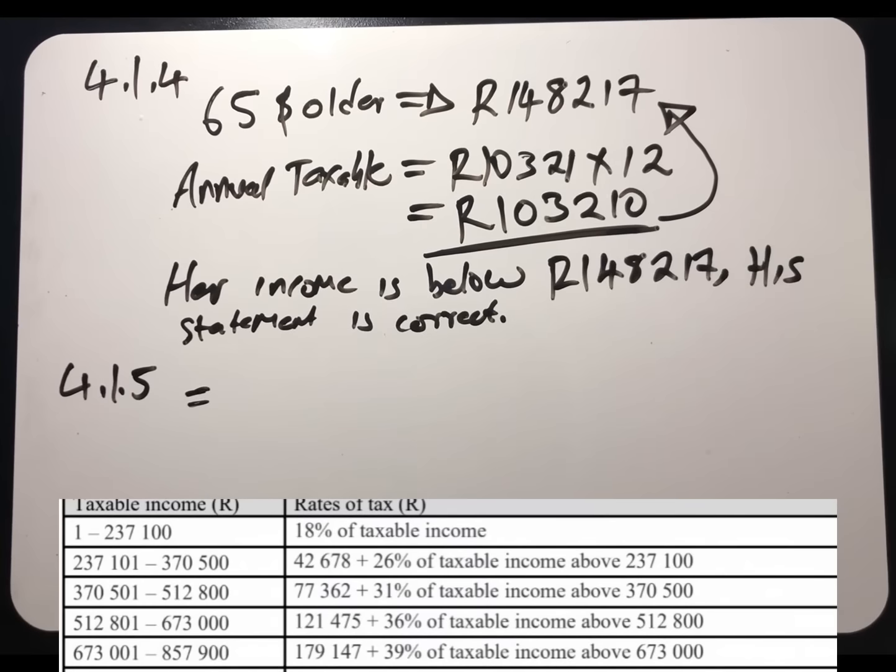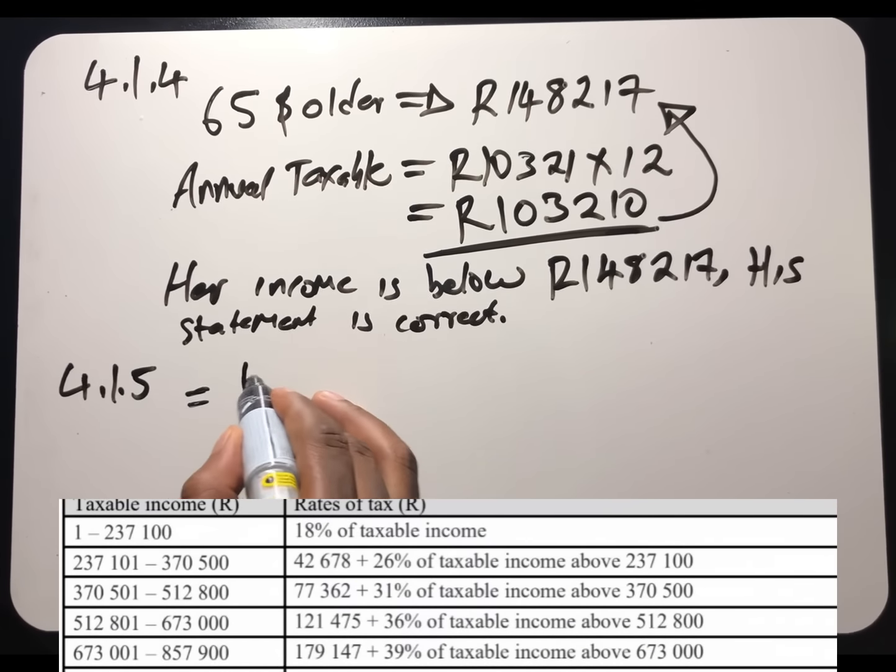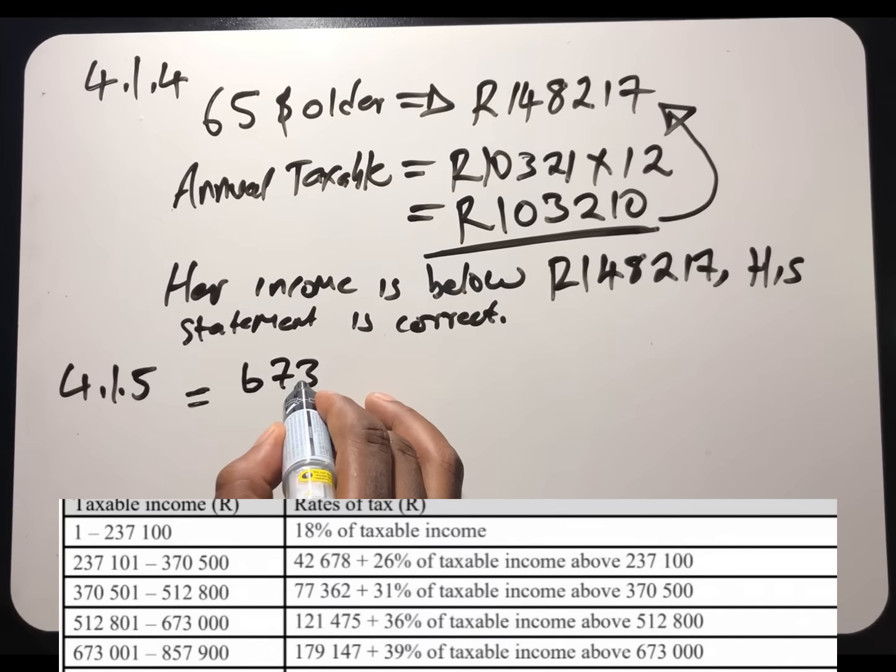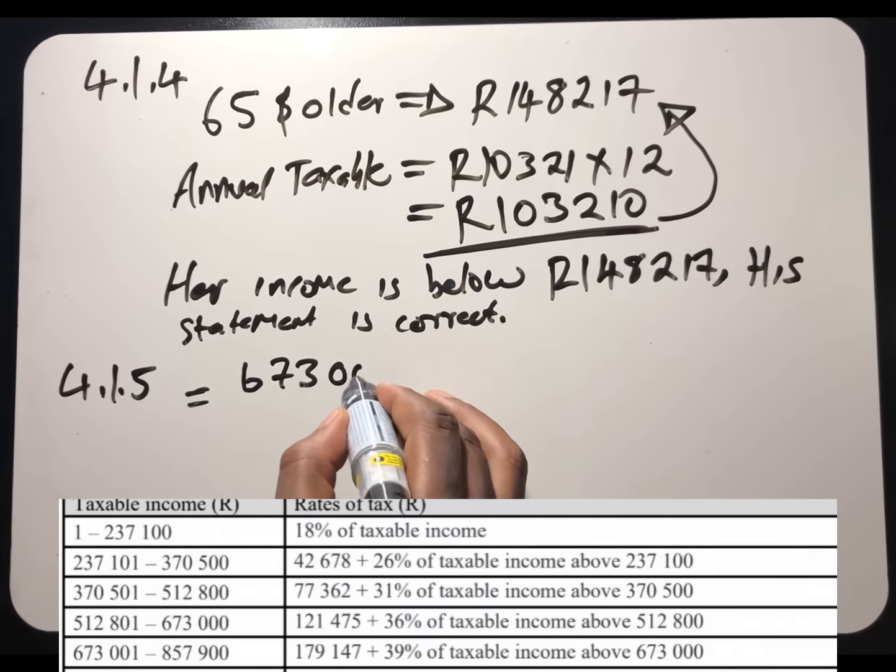If you look at tax bracket number 5, it ends with 673,000.